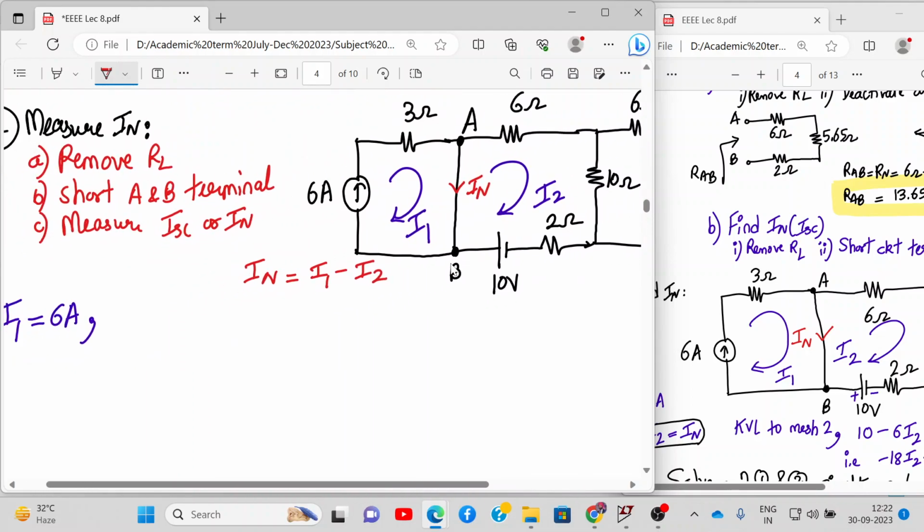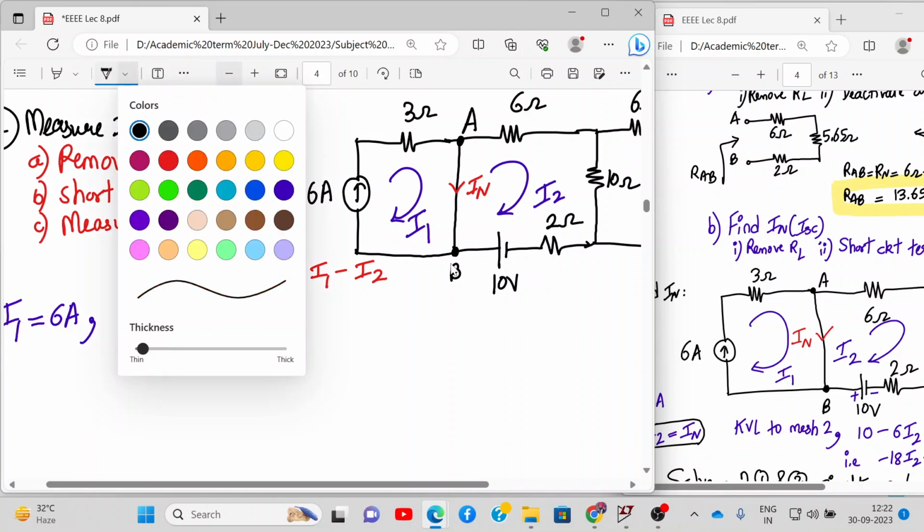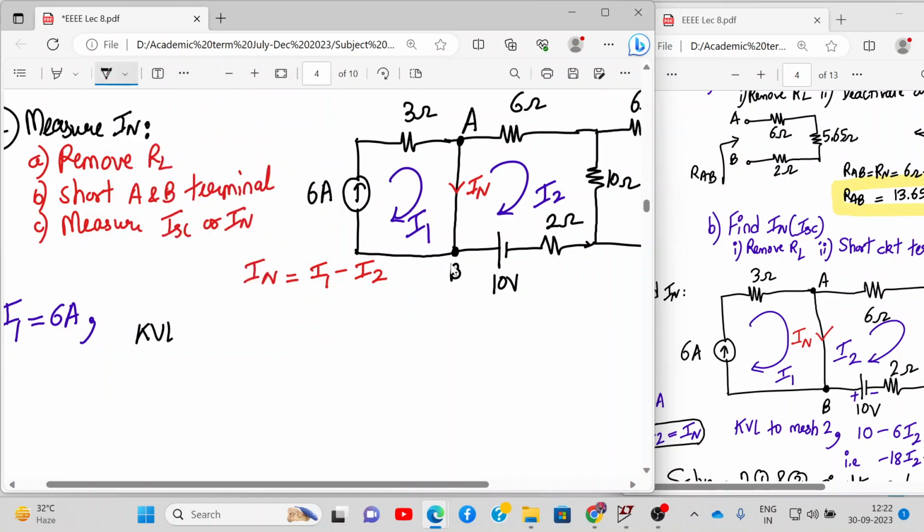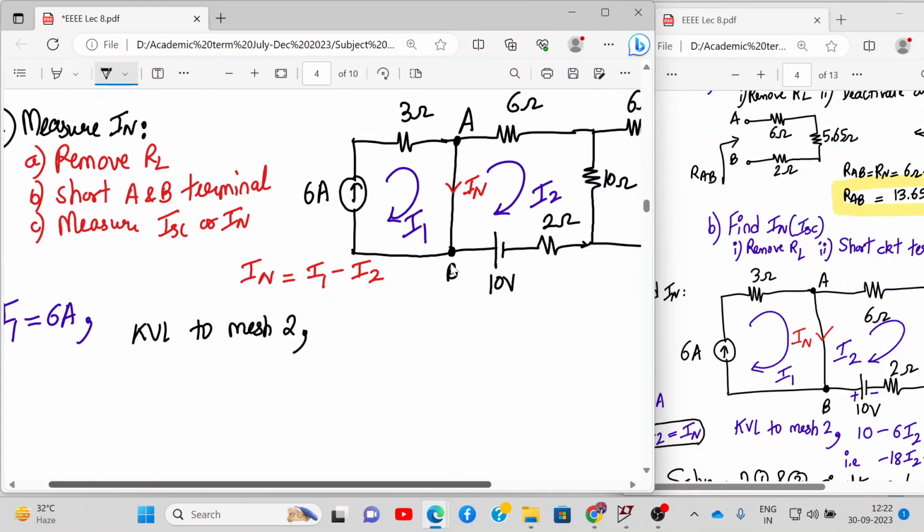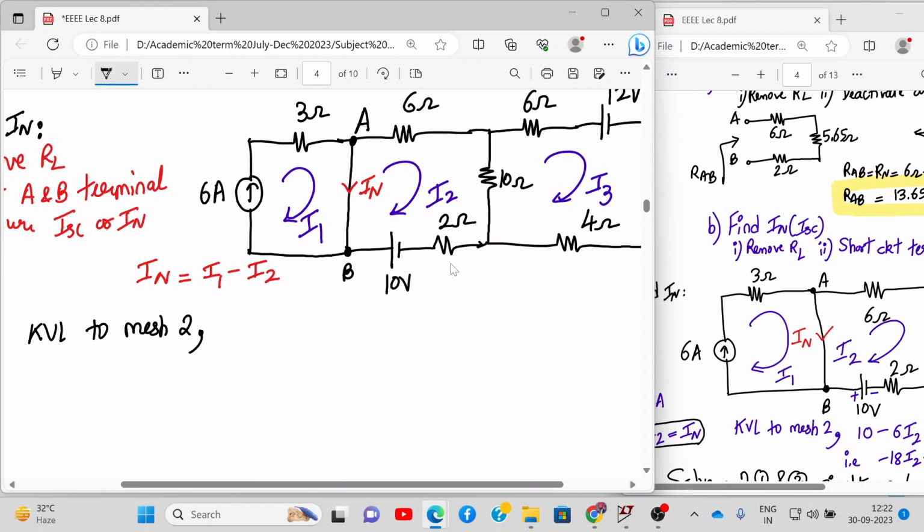Now let's go to the next loop. Let us apply KVL to mesh 2. So when we apply KVL to mesh 2, what do we get over here? This is minus, this is plus. So 10 minus 6 I2 minus 10 (I2 minus I3) minus 2 I2 is equal to 0.